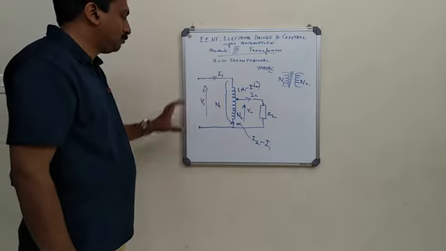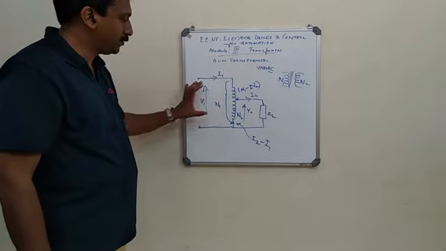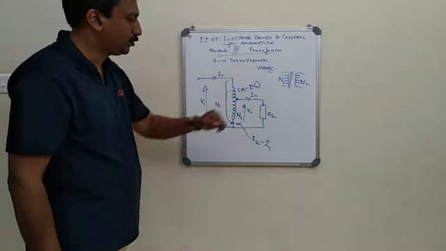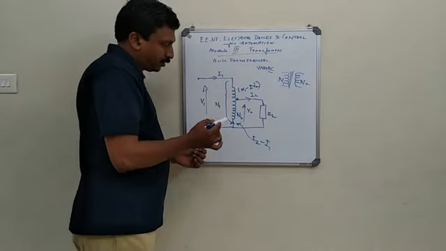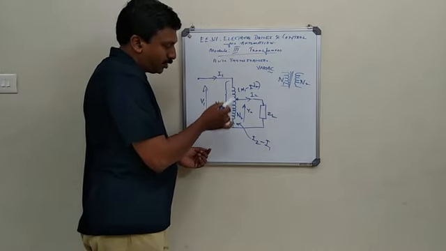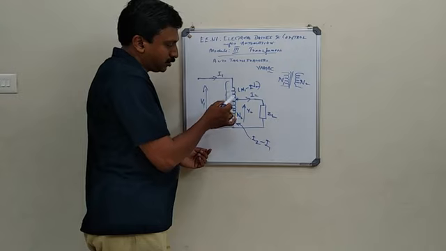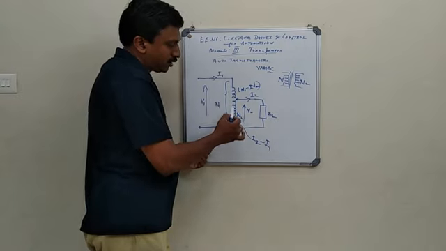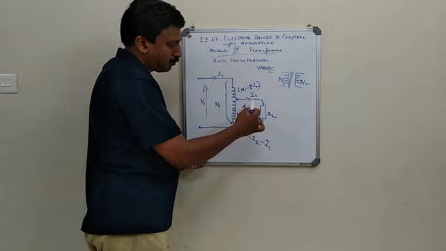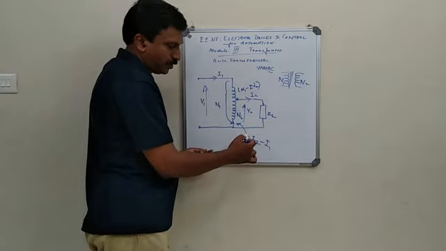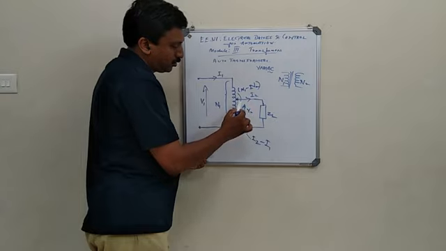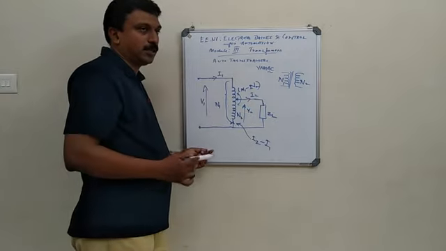Now this is the supply side, power is coming from here and then getting transferred to the other side. Now you can see that this winding has two portions, one here and one here. From here there is conductive transfer of power, and from this winding to this winding there is an induction.